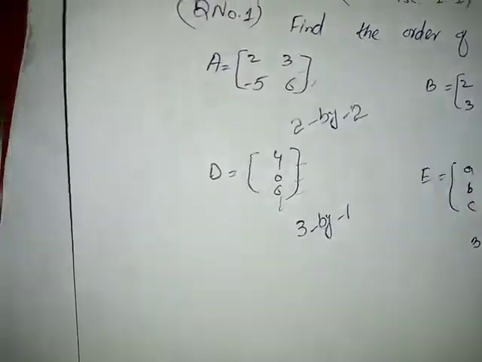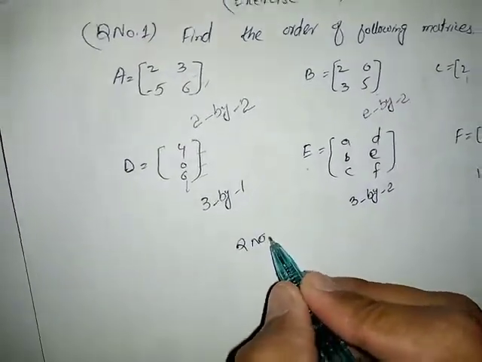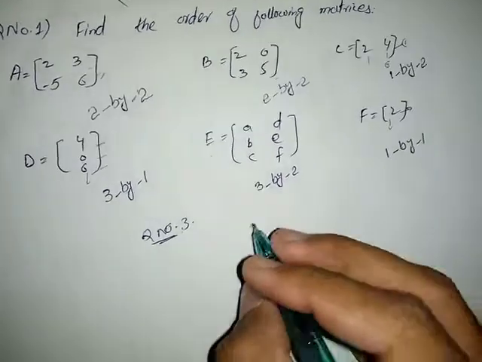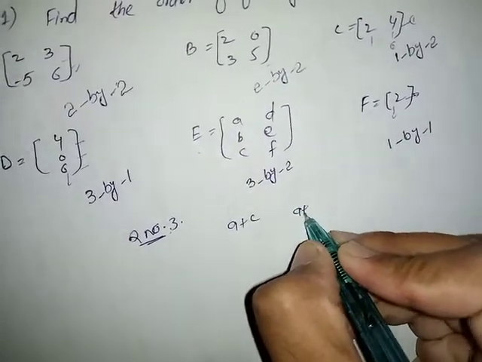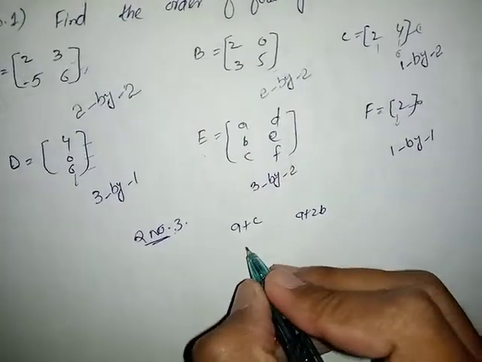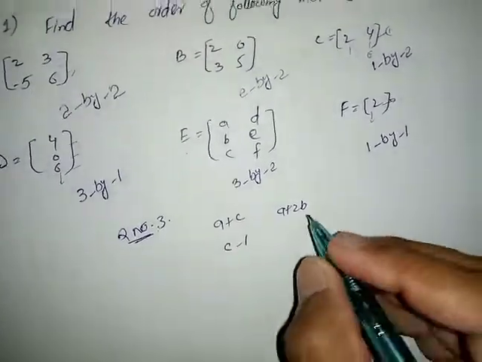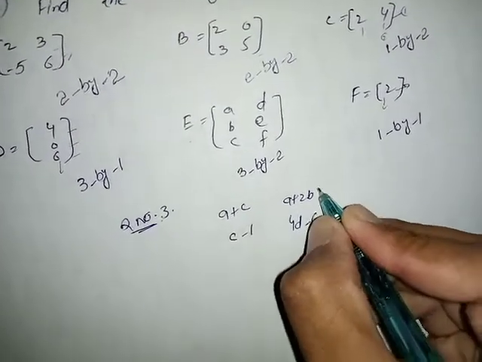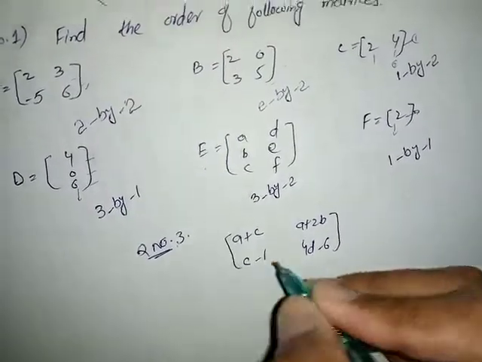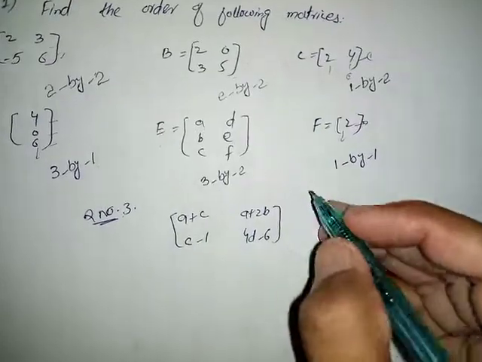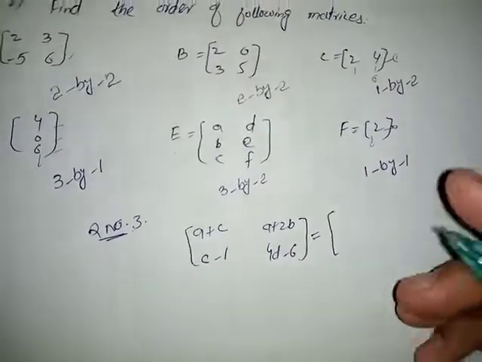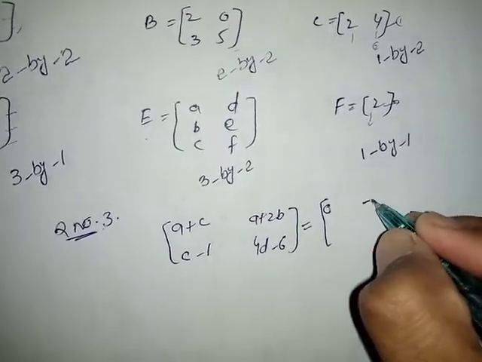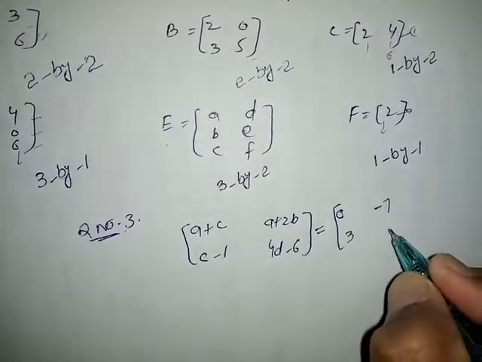We have been given that the matrix with entries a plus c, a plus 2b, c minus 1, 4d minus 6 is equal to the matrix with entries 0, minus 7, 3 and 2d.